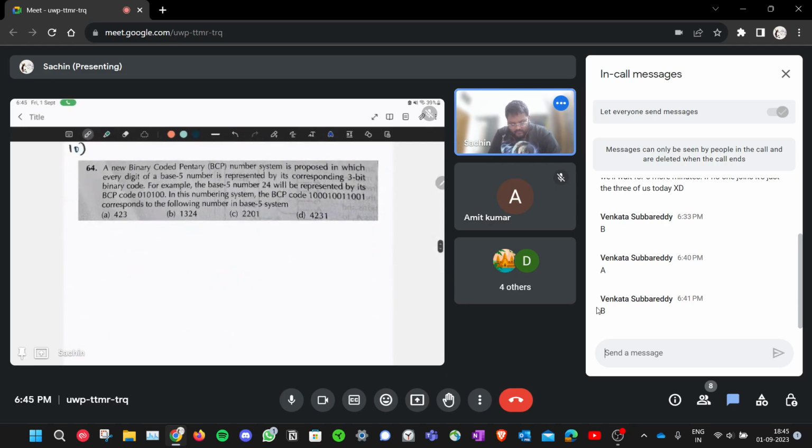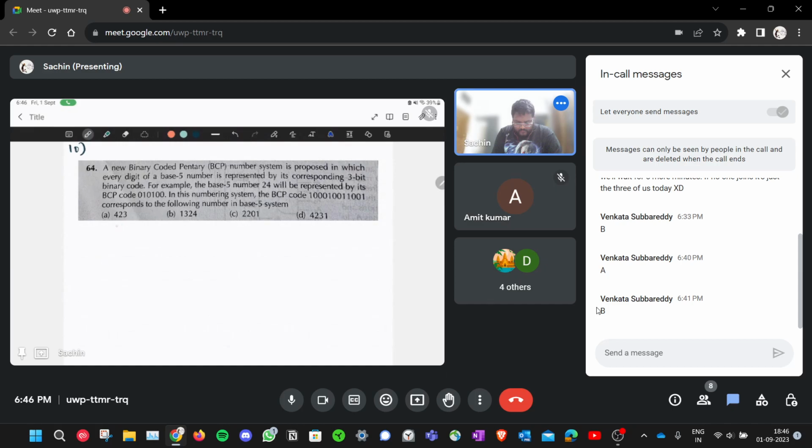Alright. A new binary coded pentary number system is proposed, in which every digit of a base 5 number is represented by its corresponding 3-bit binary code. So they're saying the number system has a base of 5.